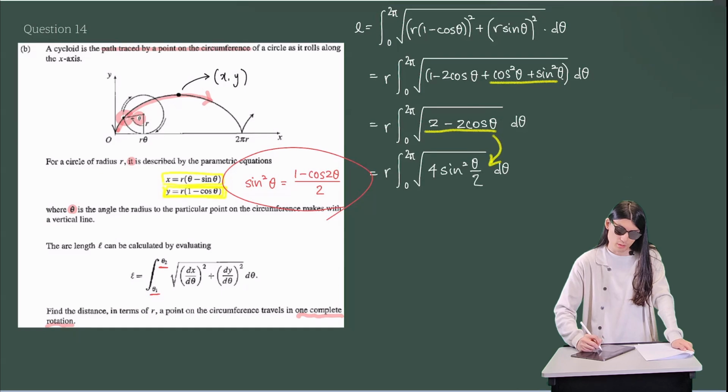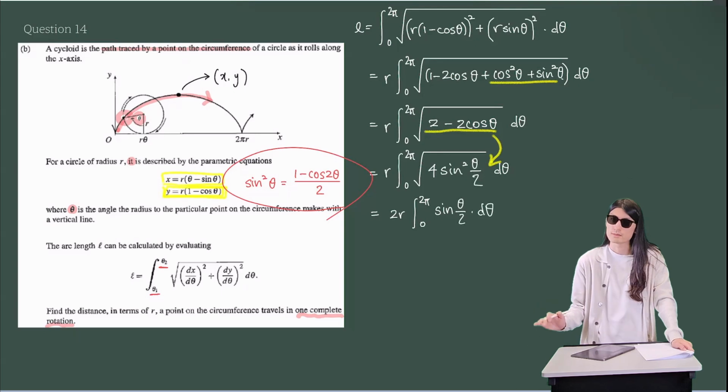But now I have a perfect square under that square root, so I can remove the square root and rewrite my expression like that.